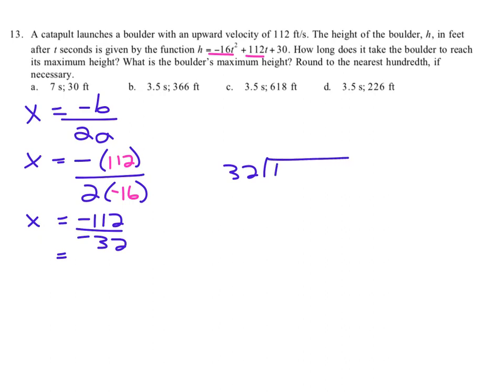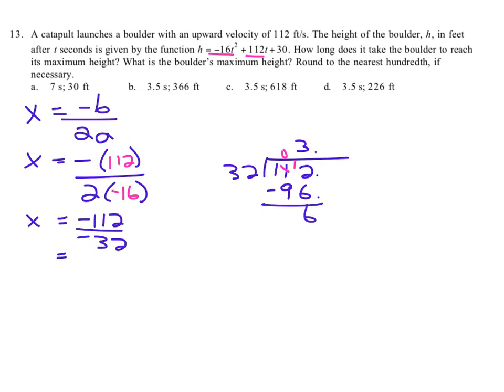Let's see, 112 divided by 32. I know 96 is 32 times 3, and we couldn't get another 32 in there before going over, so there's got to be 3. That's 96. Subtract that away. I have to borrow from here. That becomes 0, that's 12.